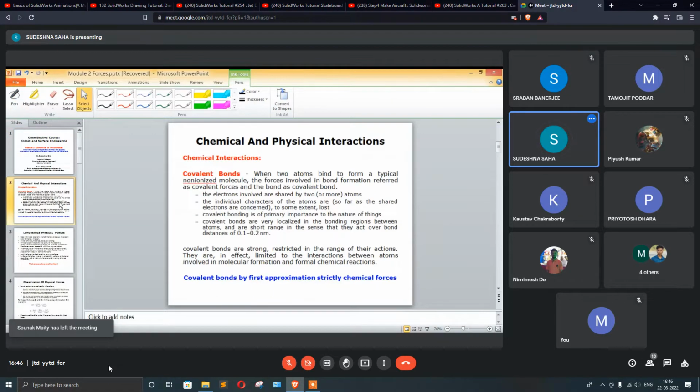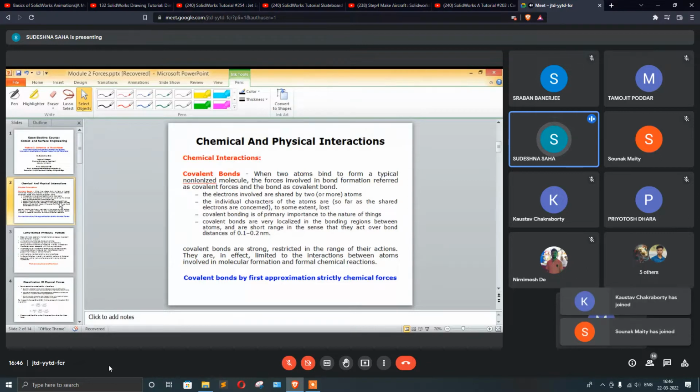Okay. So basically, when two atoms bind to form a typical non-ionized molecule, the forces that act on them and get involved in the bond formation are referred to as covalent forces, and these are known phenomena to all of us. And the resulting bonds generated from these forces are known as covalent bonds.